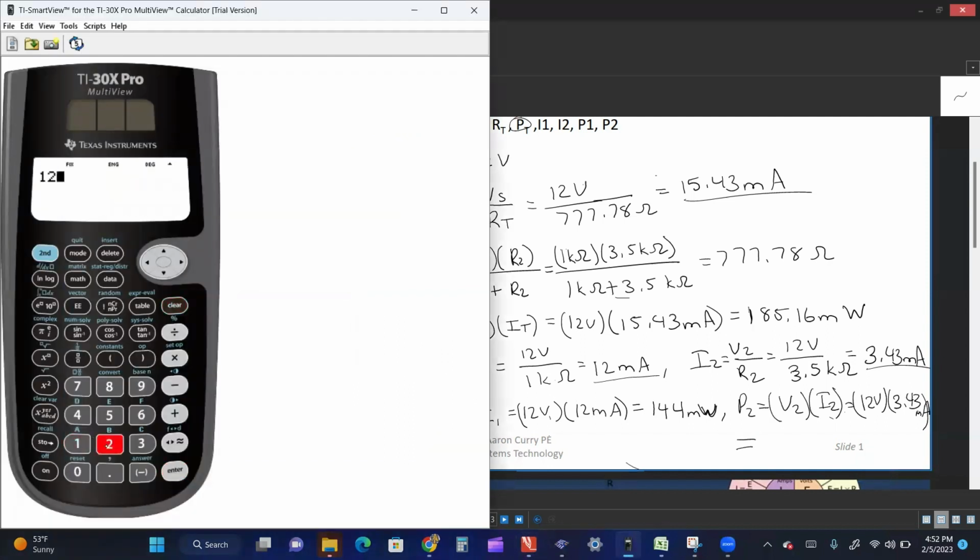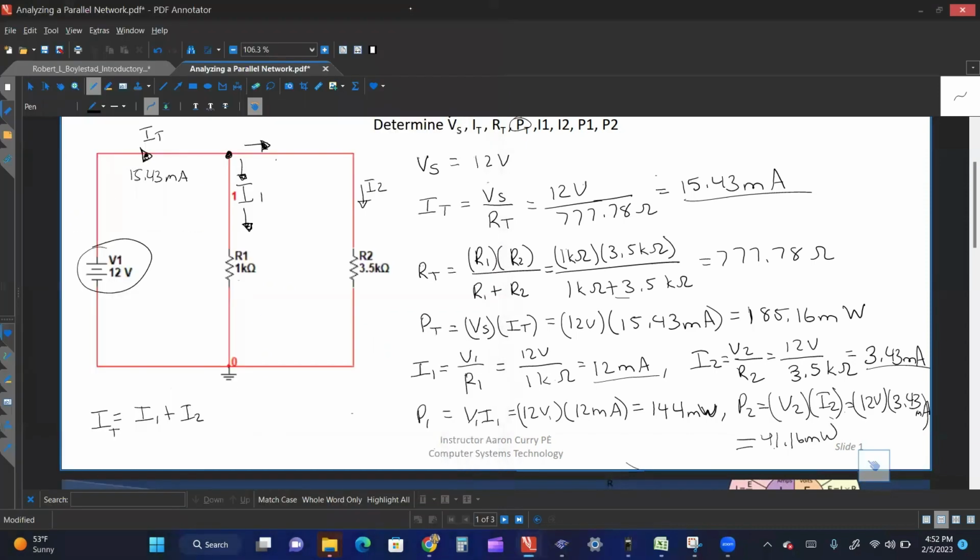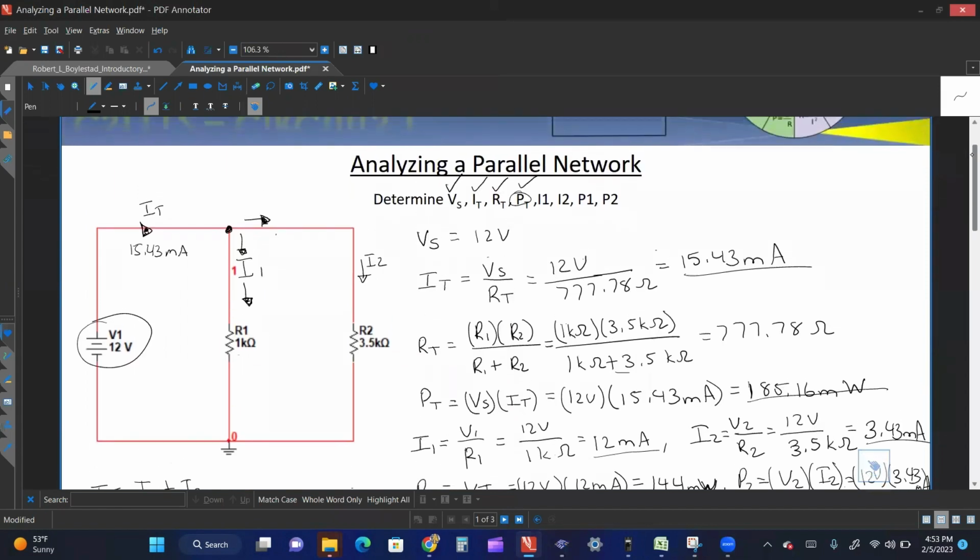We get 12 times 3.43e-3, and then you get 41.16 milliwatts. And so, just like the current, if you add these two powers, P1 and P2 together, you'll get P total, just right here. So therefore, we found everything that we needed to find.